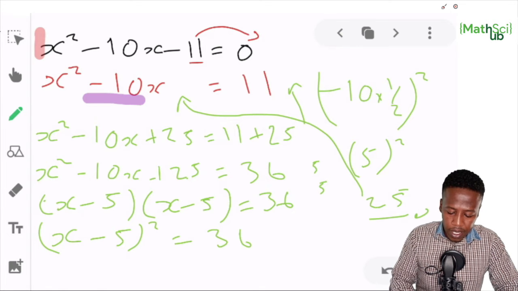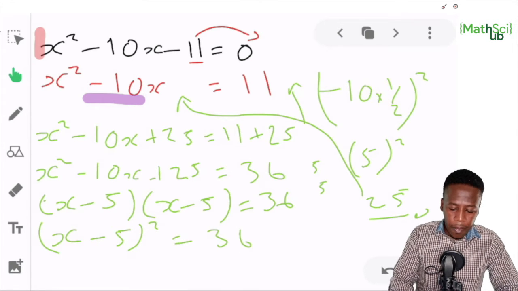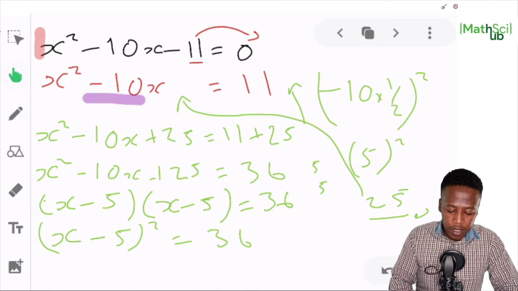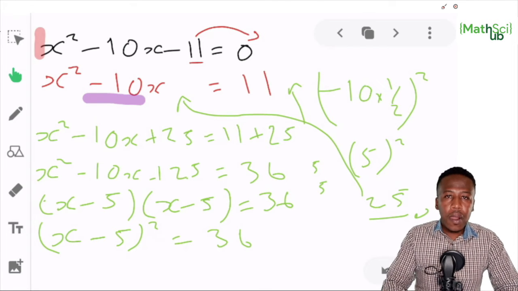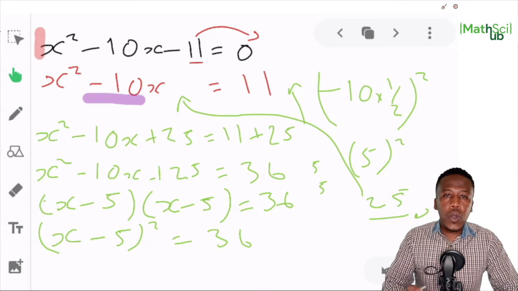x minus 5 all squared equals 36. Now remember, we are solving for x, meaning we need to get rid of this square. How do we get rid of a square? By using what? A square root.